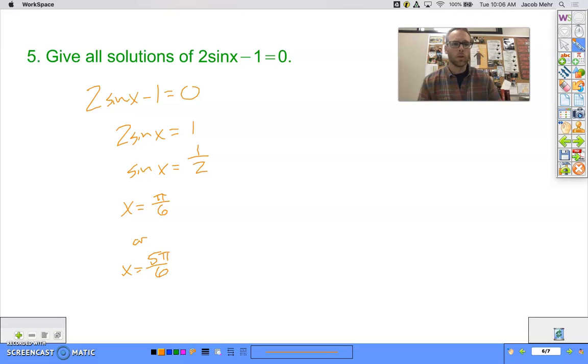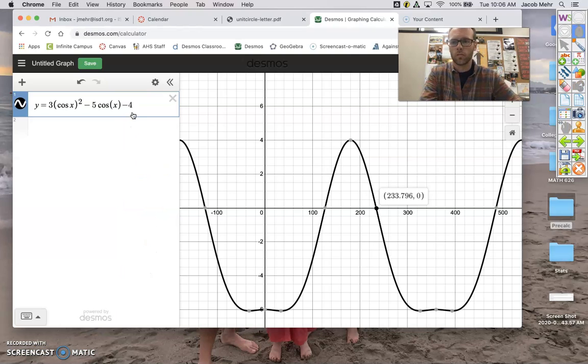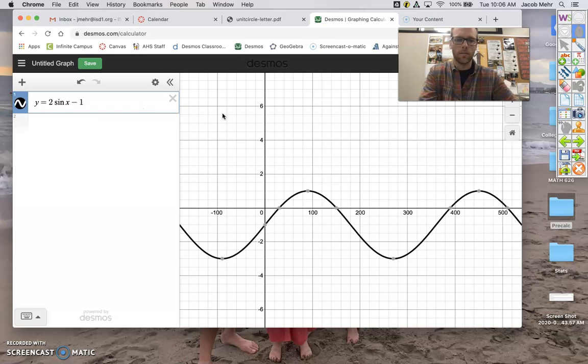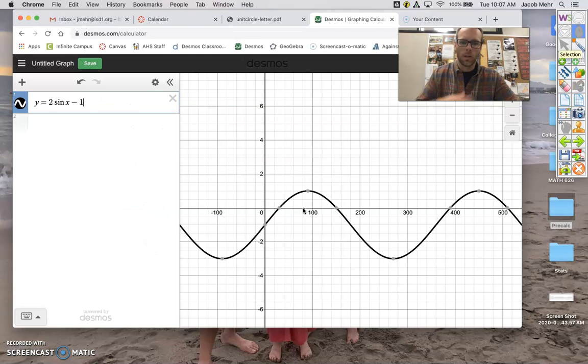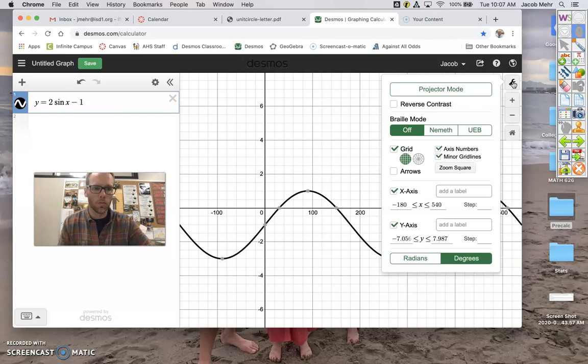However, if we were to look at the graph of this, 2 sine of x minus 1, we want to know where this is equal to 0. We see it, oh, we've got to switch back here. I'm still in degree mode from last time.